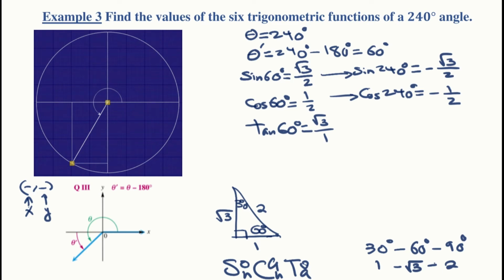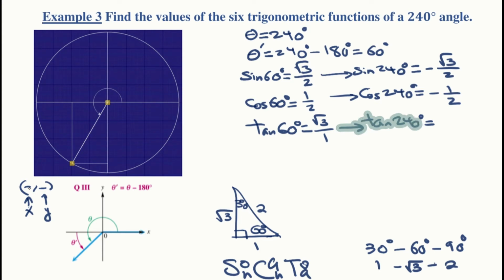Now, notice tangent is y over x. So even if they're both negative, negative divided by negative is still positive. So the tangent of 240 degrees is also going to be just square root of 3.